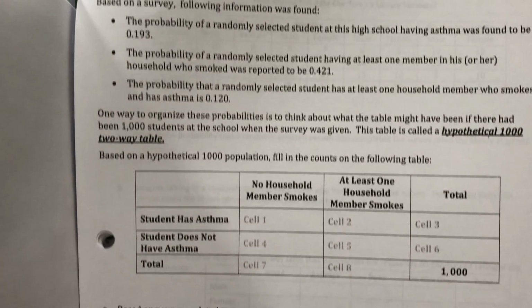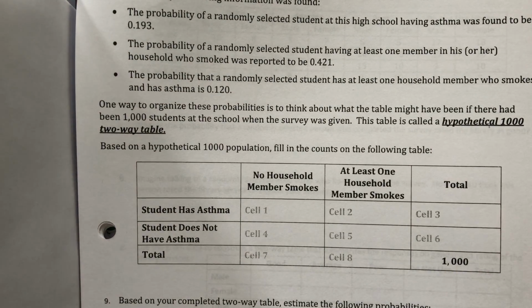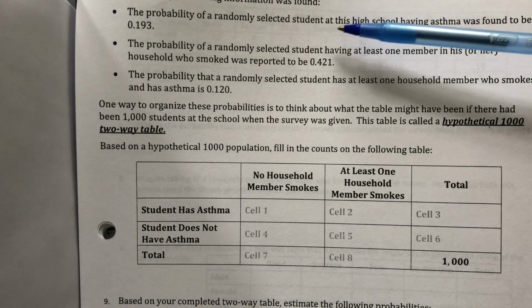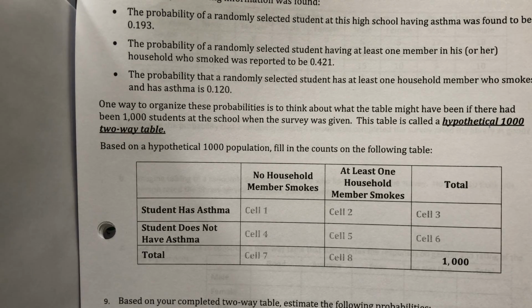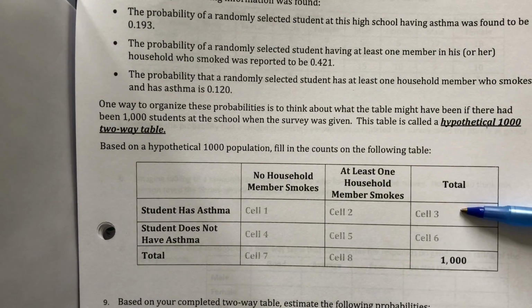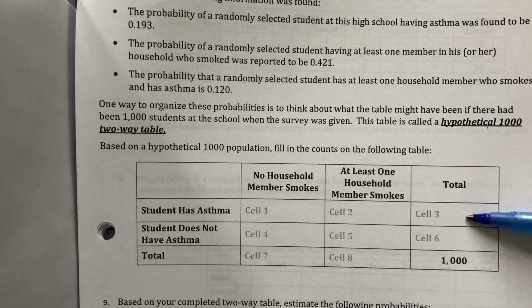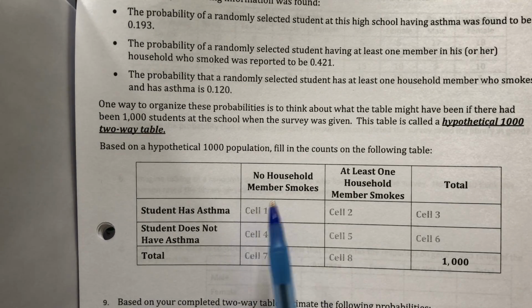So you can see the total is 1,000 people down here. If we hypothetically ask 1,000 people these questions, the first bullet says the probability of randomly selecting a student at this high school who has asthma is 0.193. A student having asthma would be in this category here, cell 3, because it's all students that have asthma, not just the ones where there's no household member smoking or one member smoking.